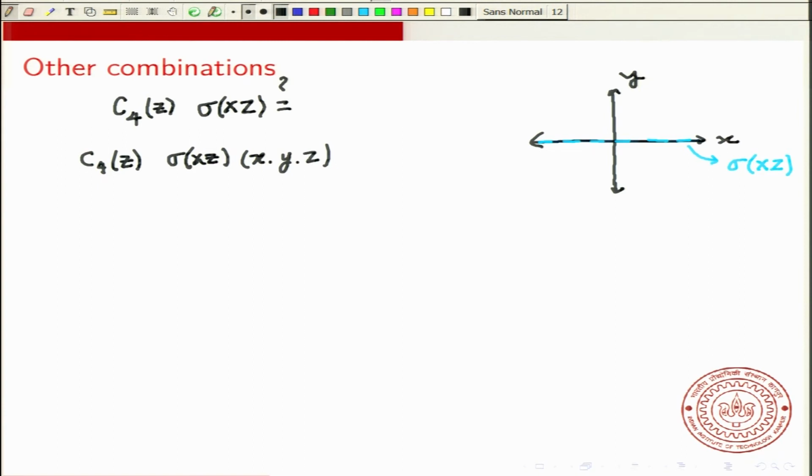So, if I do this operation, I am just doing the first operation, which will be the first thing that will operate on this x, y, z point. And what you can see, sigma xz, we are reflecting about the xz plane. So, it will keep the x and z coordinates the same, it will just change the sign of the y coordinate. So, you will get x, y bar, z.